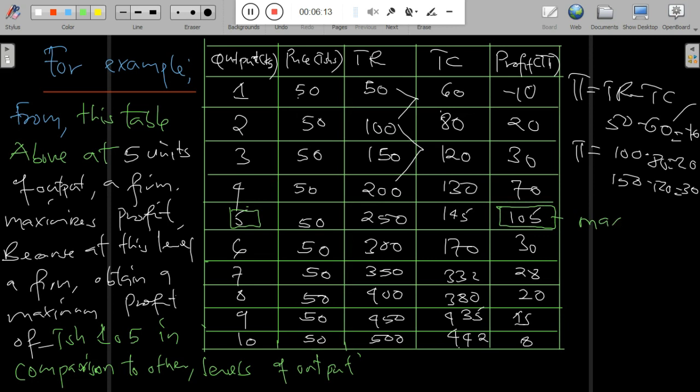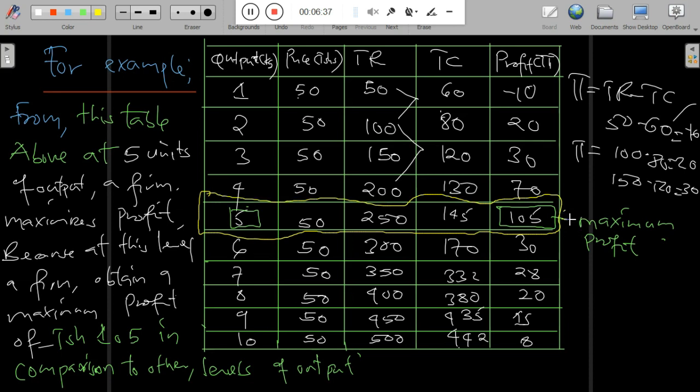So remember, the firm maximizes profit at this level of 105 because it gives you the maximum profit compared to other profits obtained from different units. So at 5 units a firm maximizes profit, the highest profit, compared to other profits.